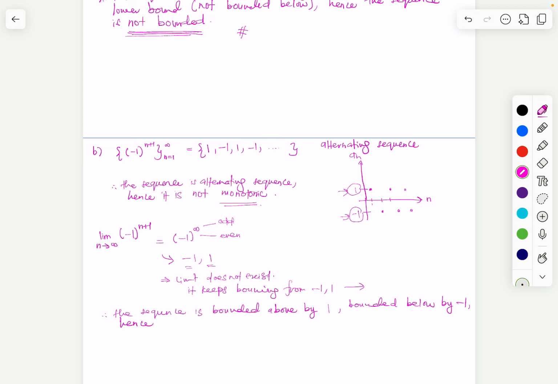Hence, since it is both bounded below and above, the sequence is bounded. Okay, so for this sequence B, it is not monotonic, but it is bounded.